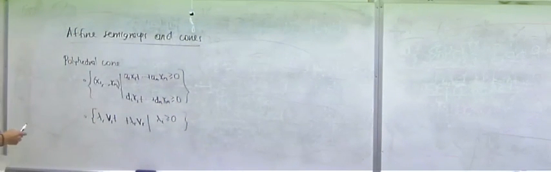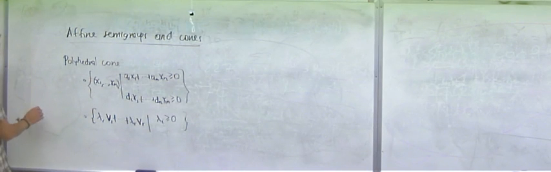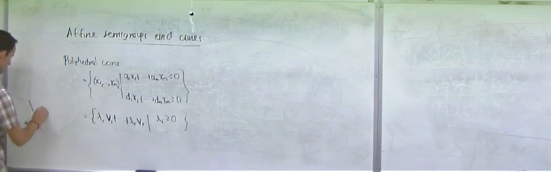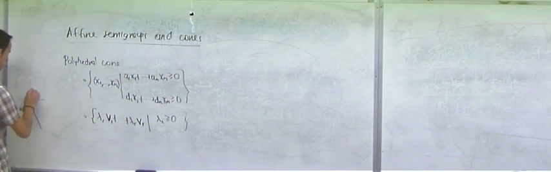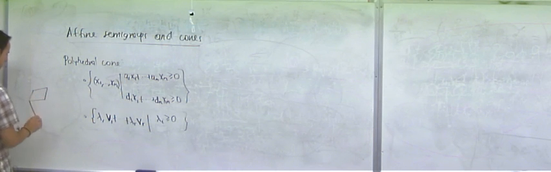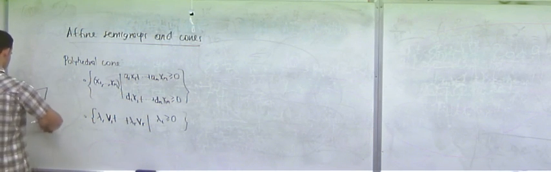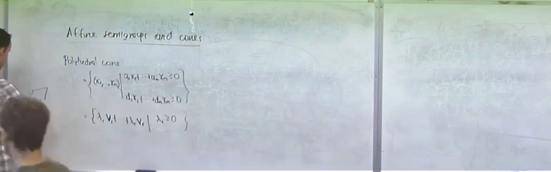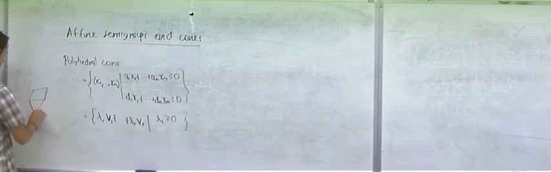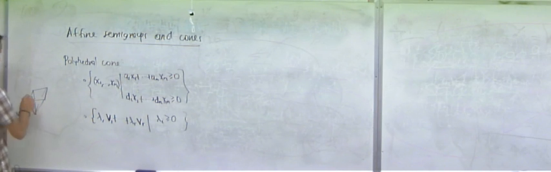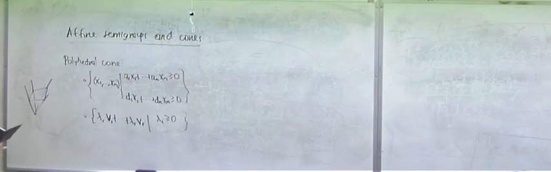So for example, an example of a cone is something like this: a cone over a square. This thing is infinite, it keeps going in all these directions. And I'm defining it in two ways.